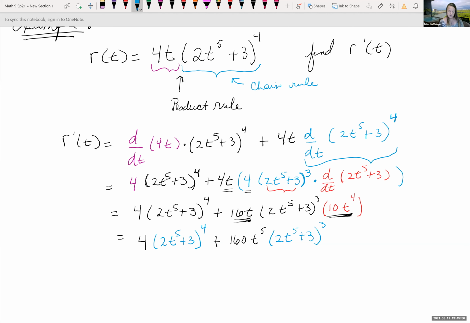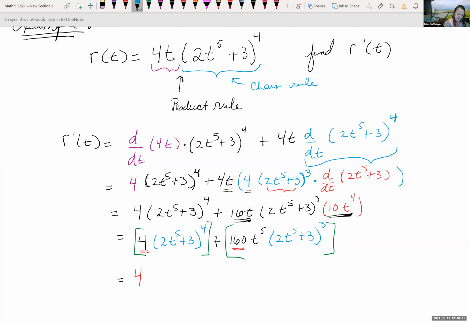Again, we're going to have to find where these are equal to 0, so you might as well get the practice right now. Notice what's inside of the parentheses, we have the same, and think of those as two separate groupings. We have one grouping here, plus in between, and then we have the second grouping. So we want to pull out what they have in common. I first look at my coefficients, 4 and 160. 4 is divisible into both, so we can pull out a 4.